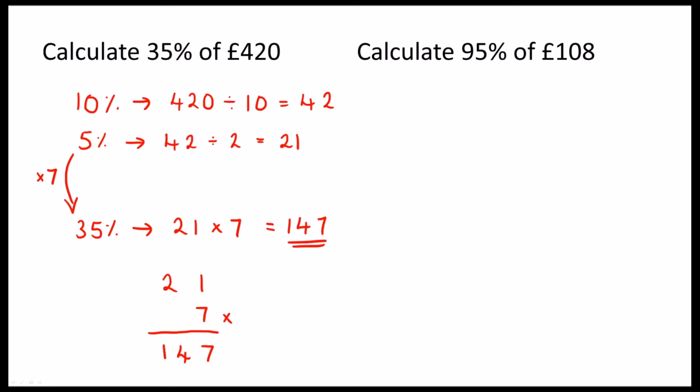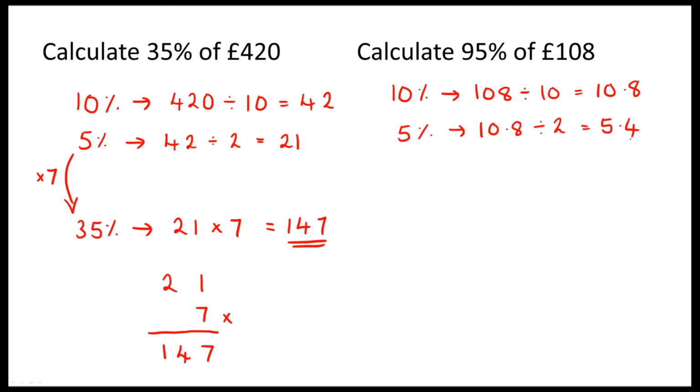I can do the same thing in my second example, so I know that 10% is going to be the amount, 108 divided by 10. That gives me 10.8, and therefore 5% is going to be half of this, so 10.8 divided by 2, which is 5.4.